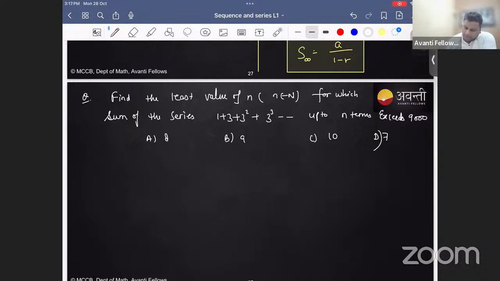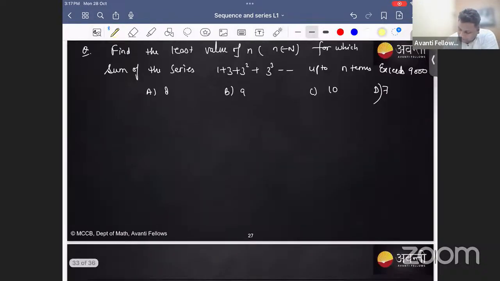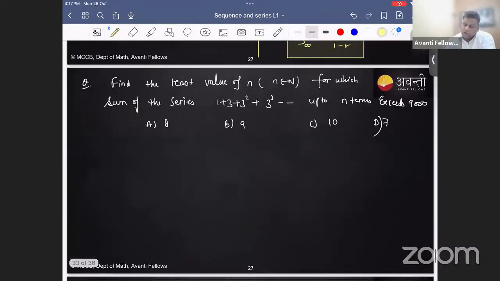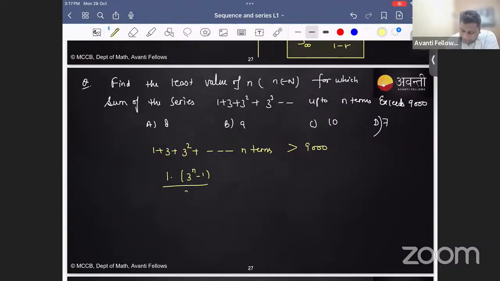See, what do you want? That the sum of this series should exceed 9,000, isn't it? So 1 plus 3 plus 3 square and so on up to n terms. You want it to be more than 9,000. If you find the sum of this series, it is 3 to the power n minus 1 upon 3 minus 1, and it should be more than 9,000.